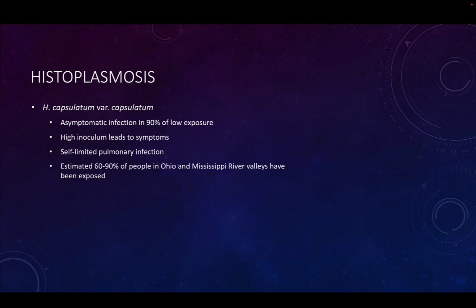And we tend to see that as more of a self-limited pulmonary infection. It's actually estimated that anywhere from 60 to 90% of people in the Ohio and Mississippi River valleys have been exposed to this infection. It's super common. Bats and birds are really common in the US. So encountering their feces, their droppings, right, is not outside the realm of possibility.